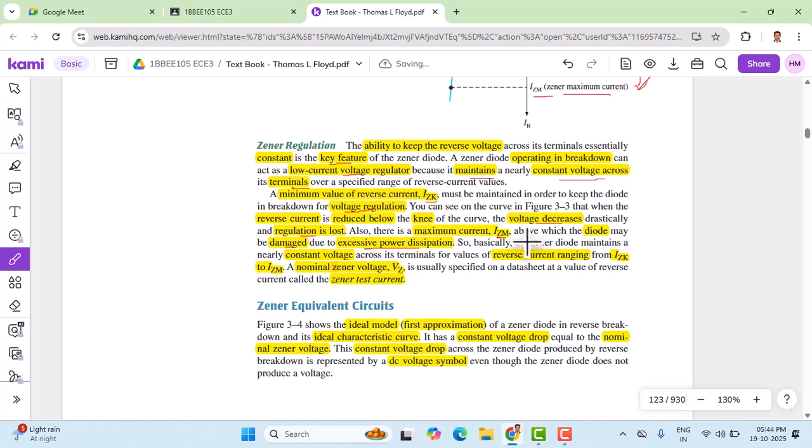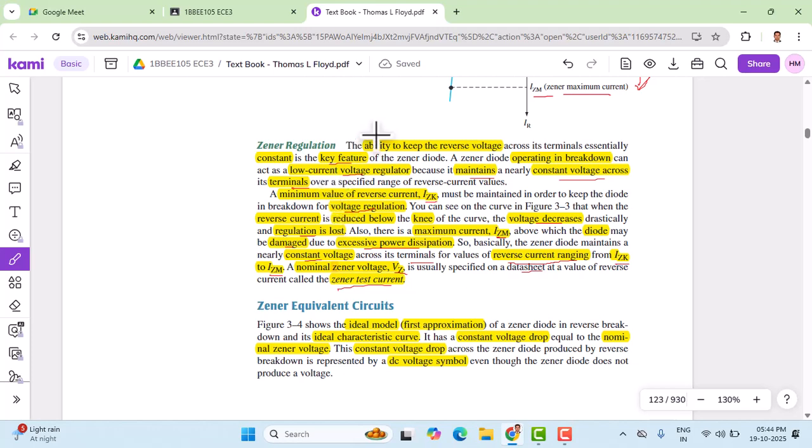So basically, a Zener diode maintains nearly constant voltage across its terminals for values of reverse current ranging from IZK to IZM. A nominal Zener voltage Vz is usually specified on the data sheet at a value of reverse current called the Zener test current. This is how the Zener regulation is done.